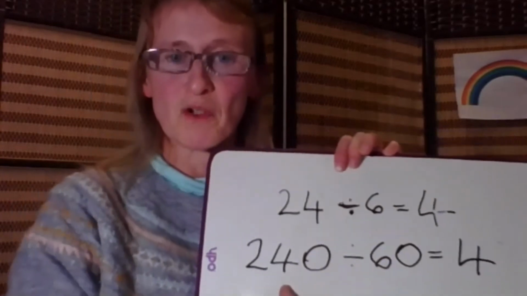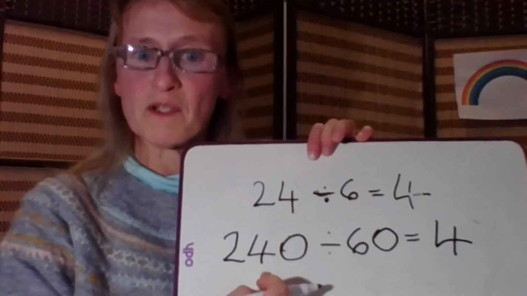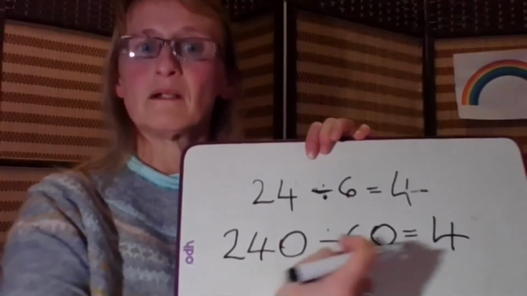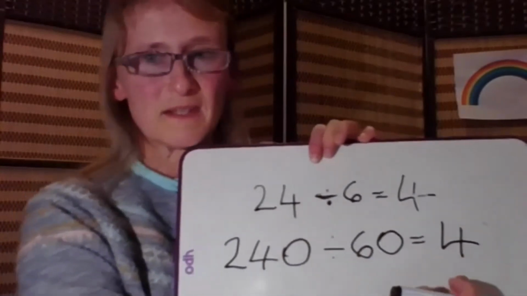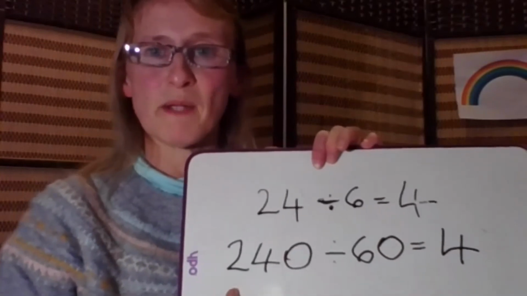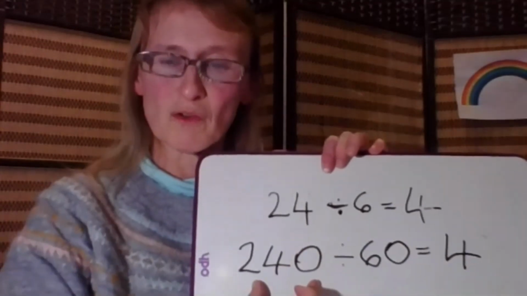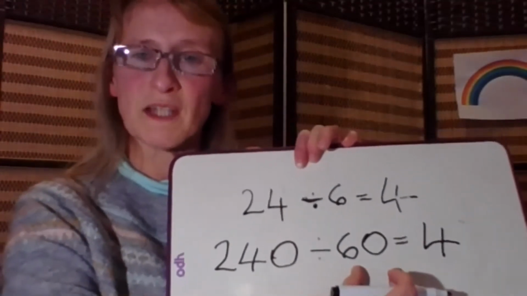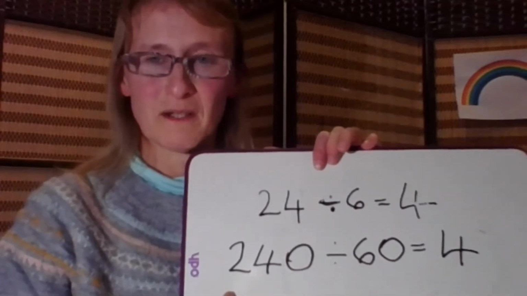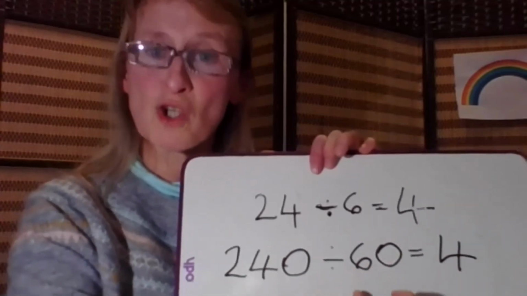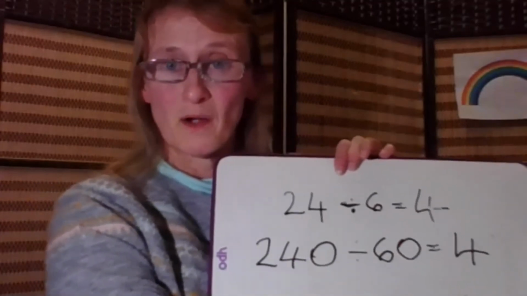So I made my big number, 24, 10 times bigger. I made the number I'm dividing by 10 times bigger, but I don't make the answer 10 times bigger. I can't make all of them 10 times bigger, okay? Make sure your sentence makes sense. You can only make 2 of the numbers 10 times bigger, not all of them, okay?